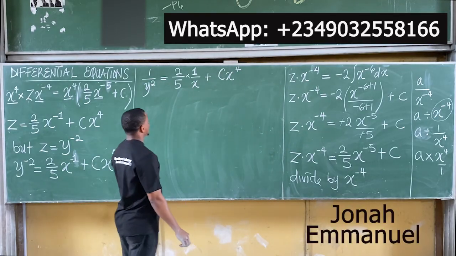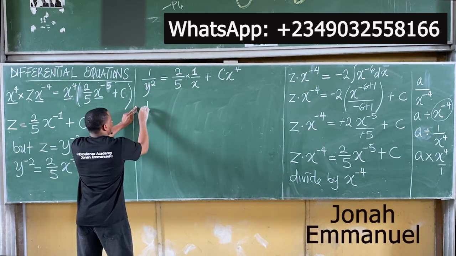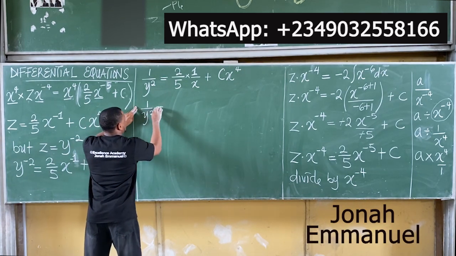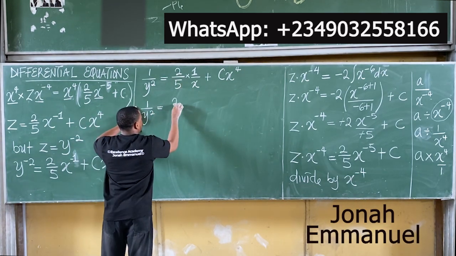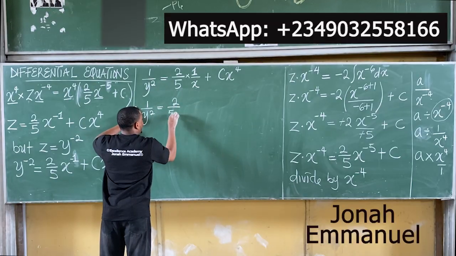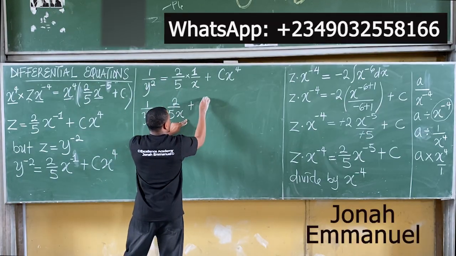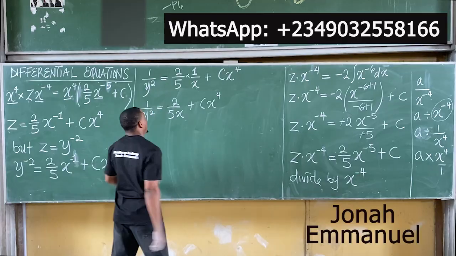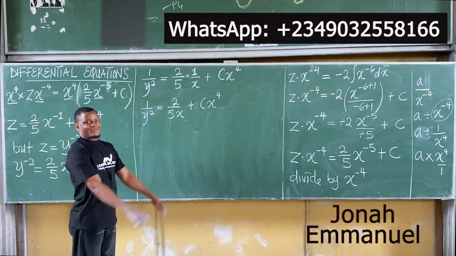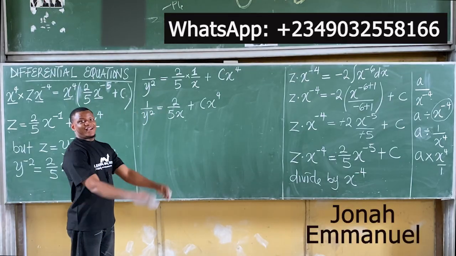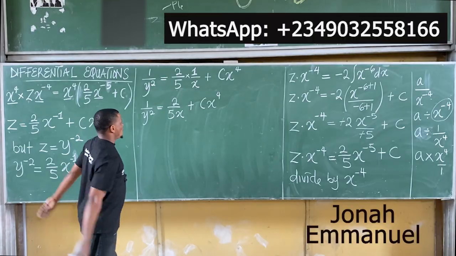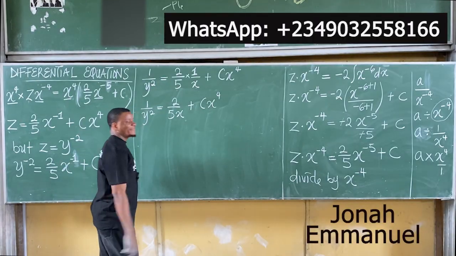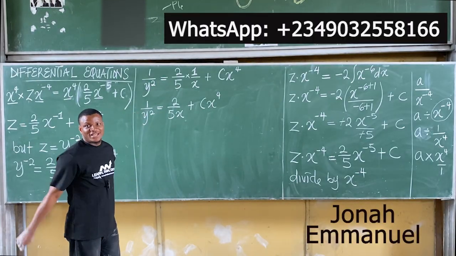Simplifying this, we have 1 over y squared is equal to 2 all over 5x plus cx to the power 4. And again, you can still stop here, but we will not. We want to take inverse and take square root to get the value of y.